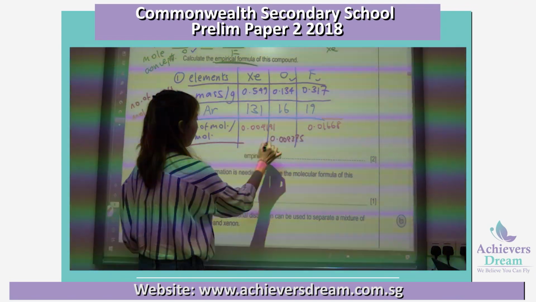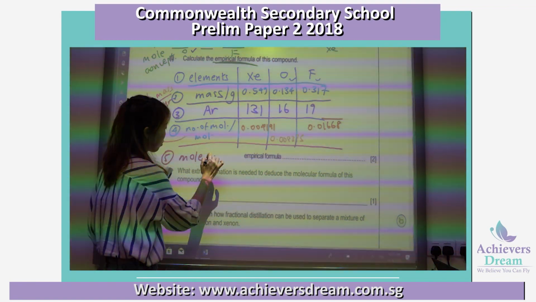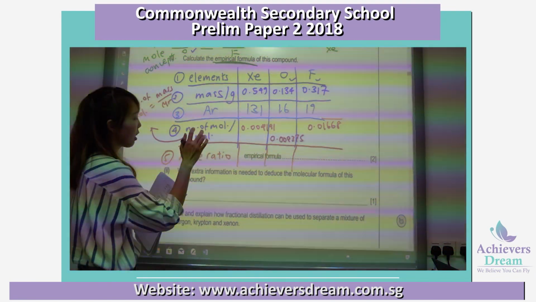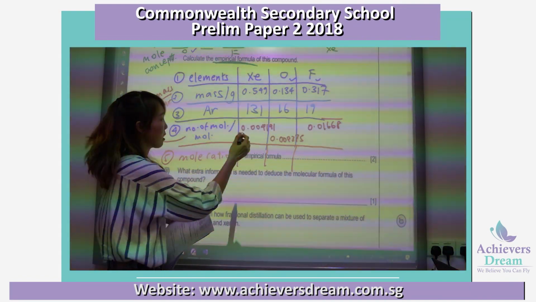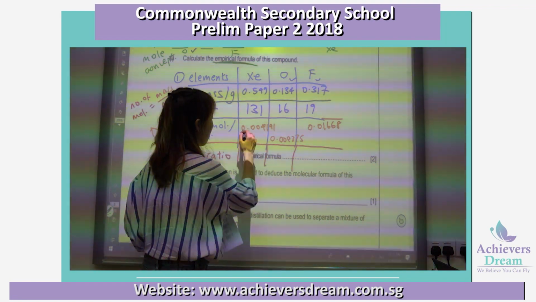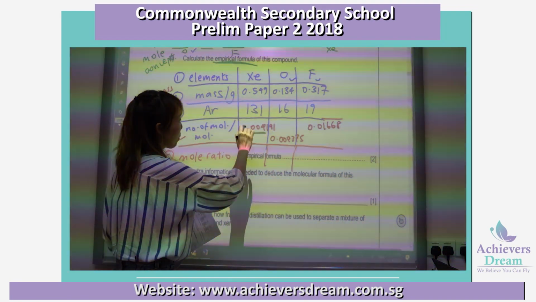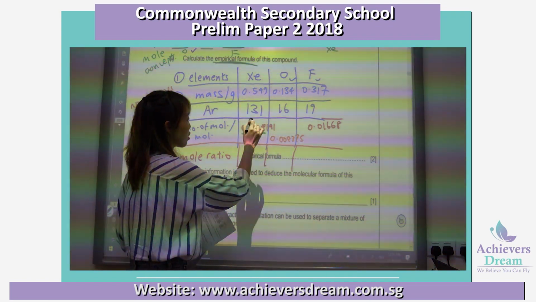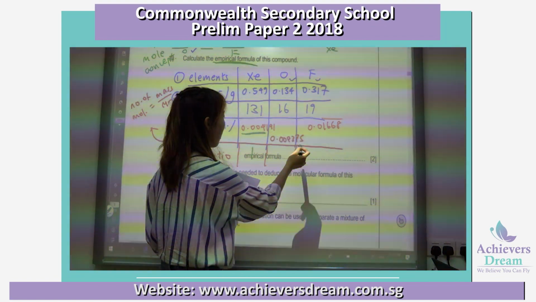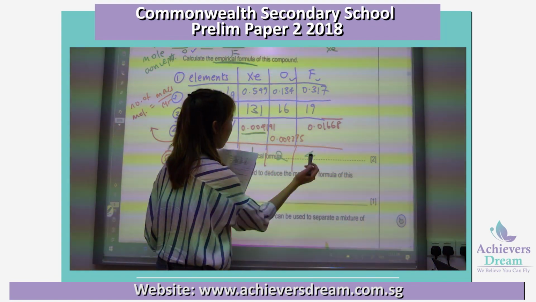The last step, I need to find out the relative mole ratio. How I find the mole ratio is I take all the numbers and divide by the smallest number, which in this case is 0.004191. I divide 0.004191 by 0.004191, I'll get 1. Then 0.008375 divided by this number will be 2, and 4.